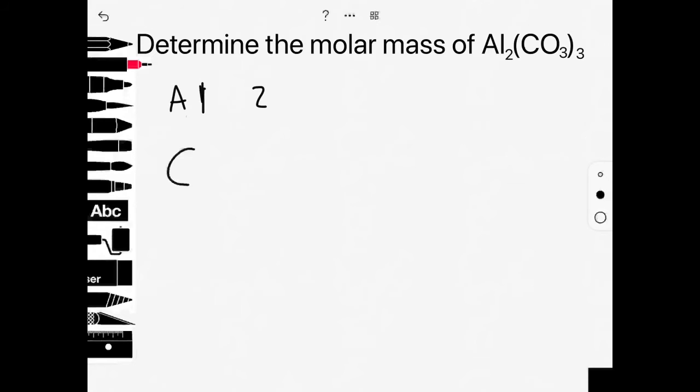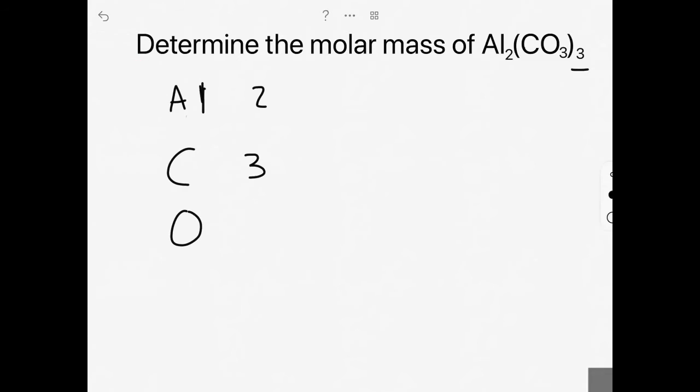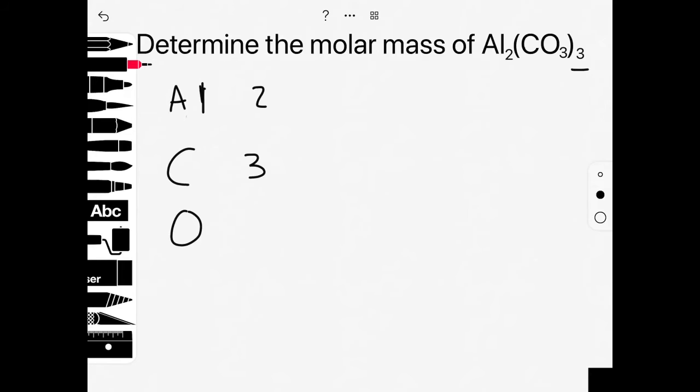In this case you have a number 3. That means that everything inside the parentheses will be counted 3 times. So instead of just 1 atom of carbon, you will have 3 atoms of carbon, and instead of 3 atoms of oxygen, now you will have 9 atoms of oxygen.